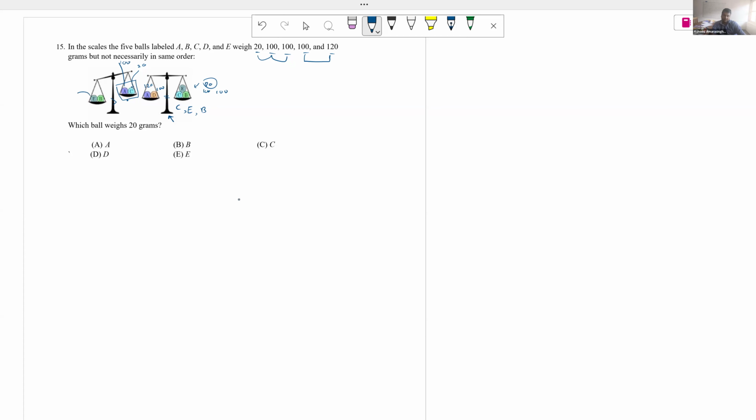And these both must be 100 and 100 if that's the 20 ball. And you can see this is 200 and this is either 120 or 140. In either case, this is heavier. And C being 20 actually tells you that this is the one possible answer. And because it's a well-posed question, it is the only possible answer. So the answer is C.